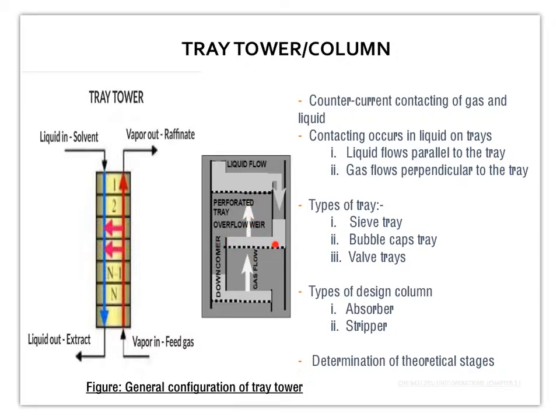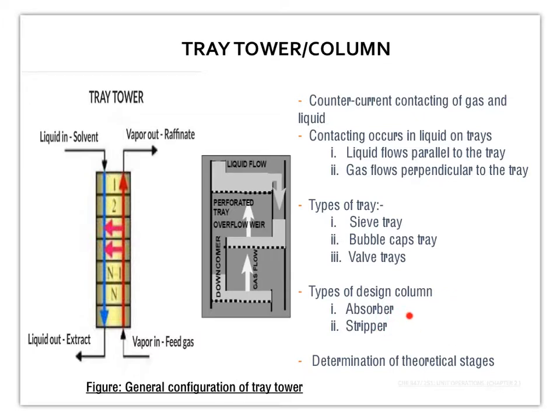Normally, the types of tray used in the tray tower are sieve tray, bubble cap tray, and valve tray. There are two types of column that are involved in the design.